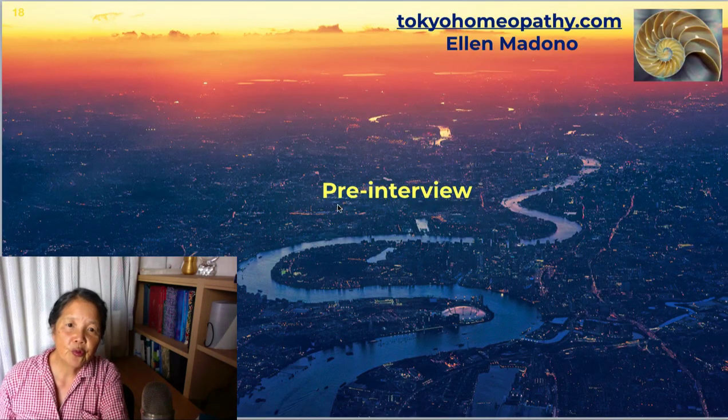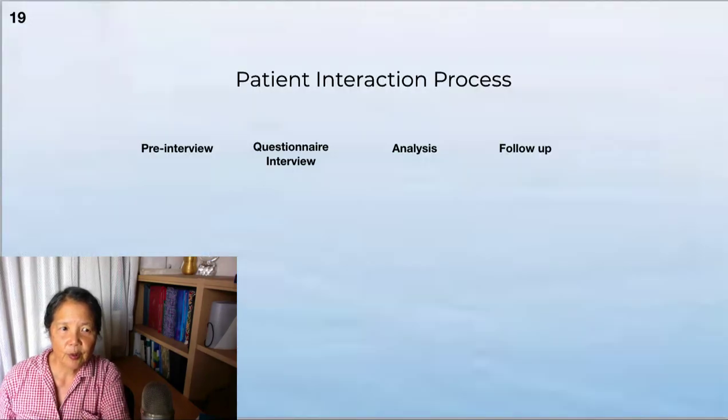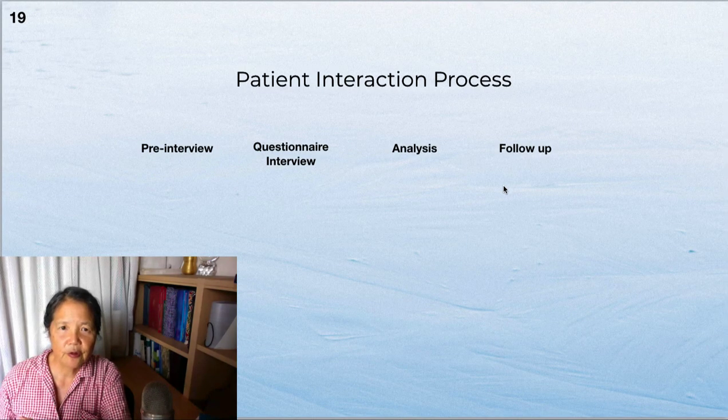I'm going to go through this in the order of an actual interview. So we set up the program so that you can use it, and next we're going to go through the interview process. I think about interviewing, or the patient interaction, in 4 parts.